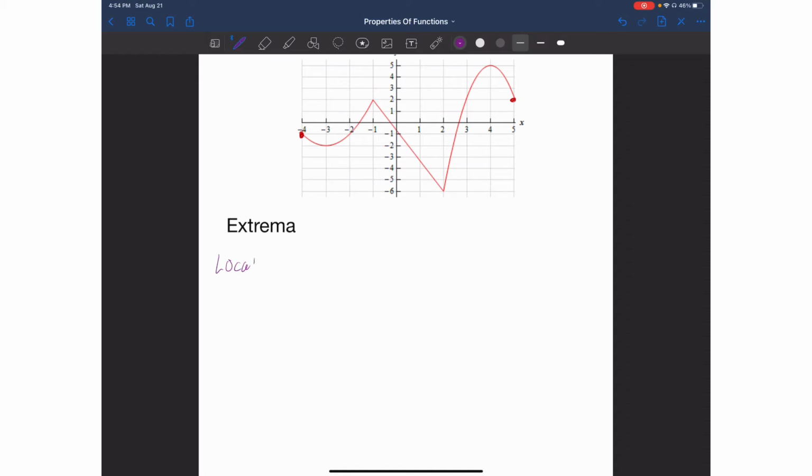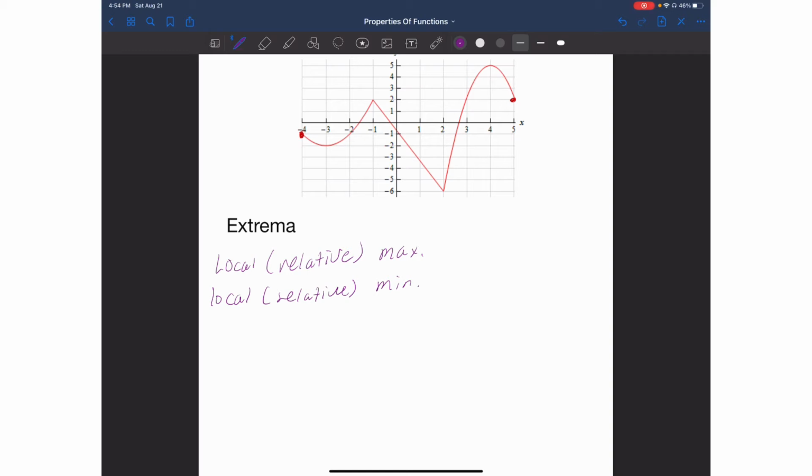We're going to have our local, or relative, max. We're going to have our local, also known as relative, minimum.